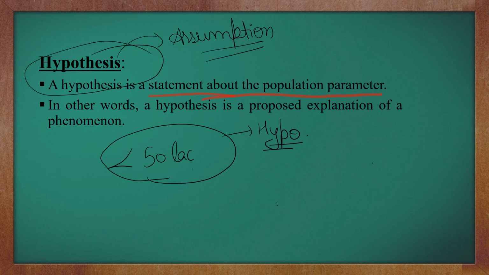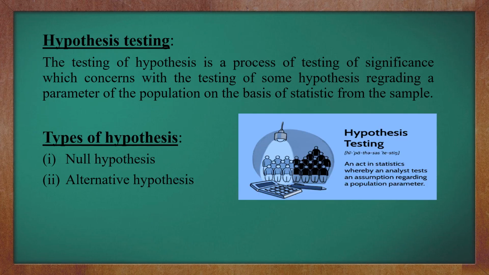Next, the concept is hypothesis testing. We have discussed what hypothesis is. Like the example that in the media they say this party will win, this party will win. Suppose you were saying this party will definitely win, but you are giving a statement. How can you say whether this statement is true or false? To check whether your statement is true or false, whatever you do, that entire concept is called hypothesis testing.